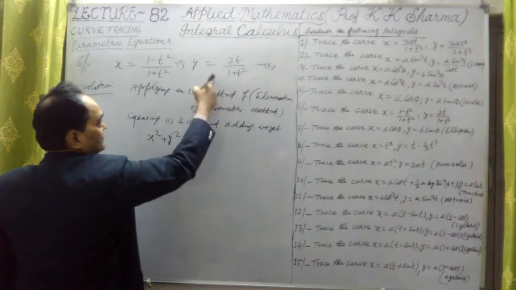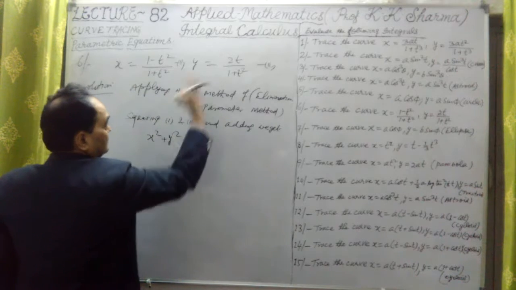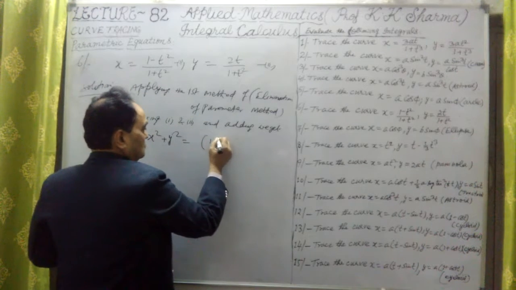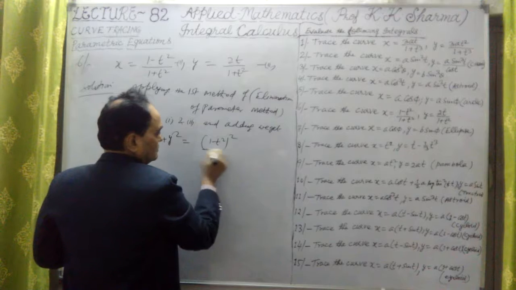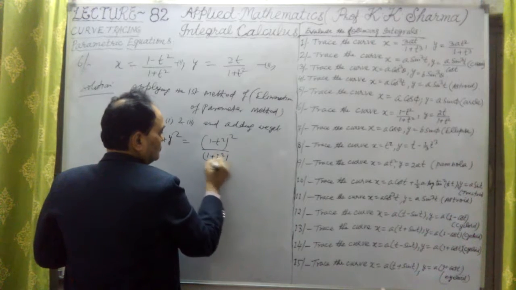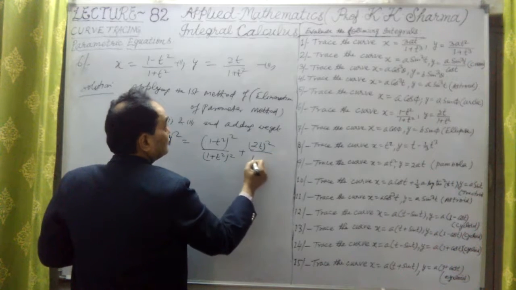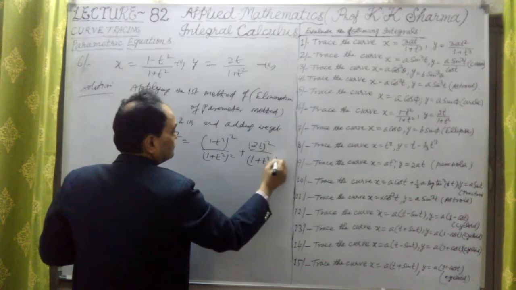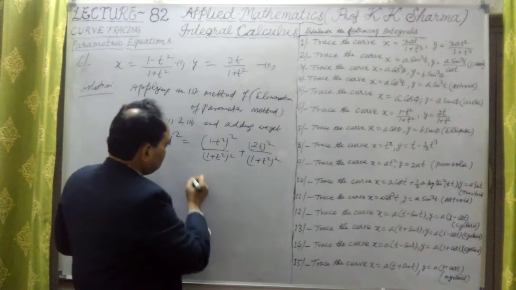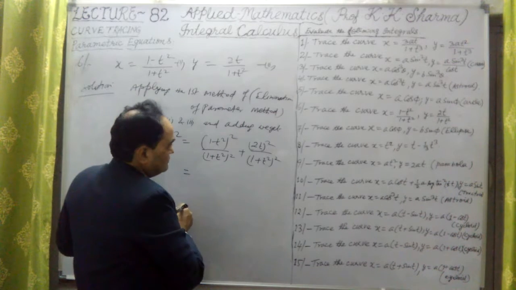We have added on the left hand side, and then the right hand side is (1 minus t square) whole square upon (1 plus t square) whole square, plus (2t) whole square upon (1 plus t square) whole square. Simple. Now let me solve it further.